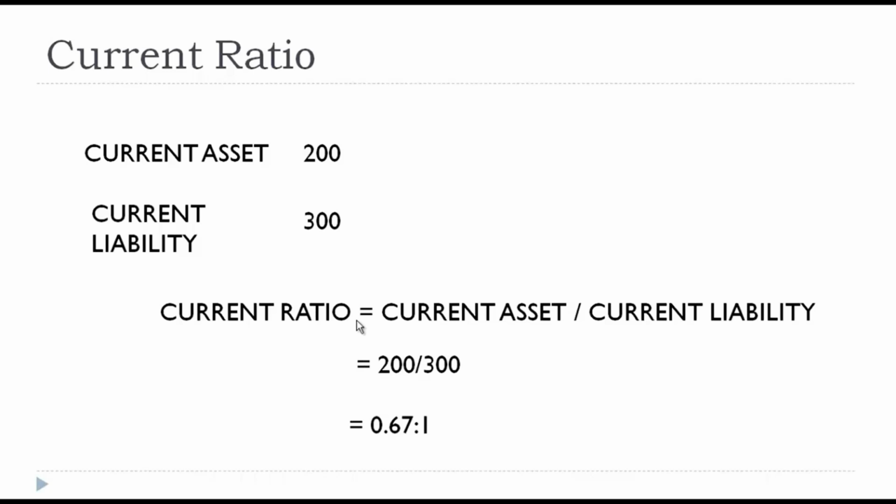For every 1 rupee of current liability, the company has only 67 paise of current asset. So this is a clear warning sign. So current ratio less than 1 itself is a clear warning sign that the company is not performing well, or it is not managing its cash efficiently.